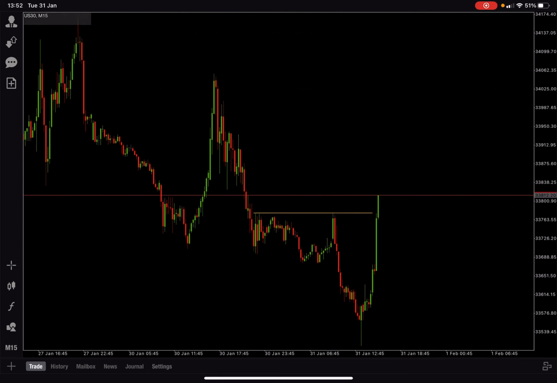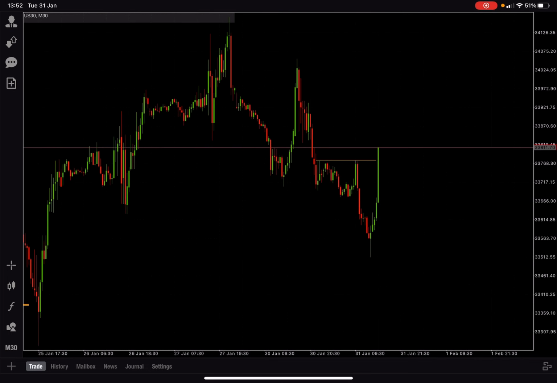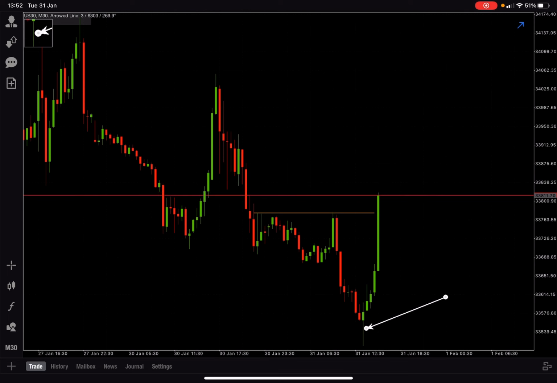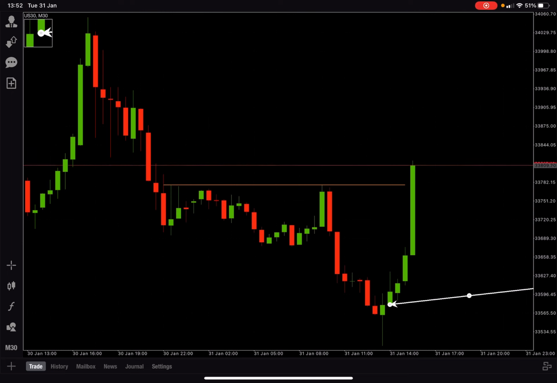But upon doing that, it has created a clear doji here in green. So that's at the bottom of the swing. We have a clear doji candle there, and next to it we have an imbalance in price.